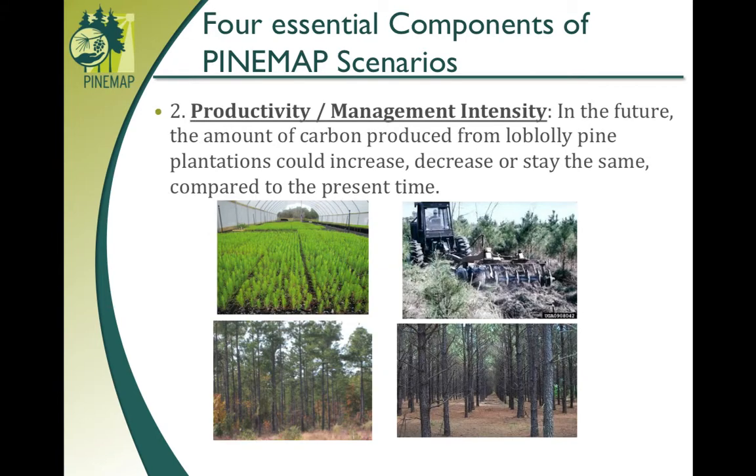Okay, the second essential component is productivity and management intensity. So we have a lot of options when it comes to changes in productivity. And again, remember, these embed so much information. So when we're talking about this, we're talking about changes in genetics. We're talking about on-site manipulations. We're talking about mid-rotation decisions.